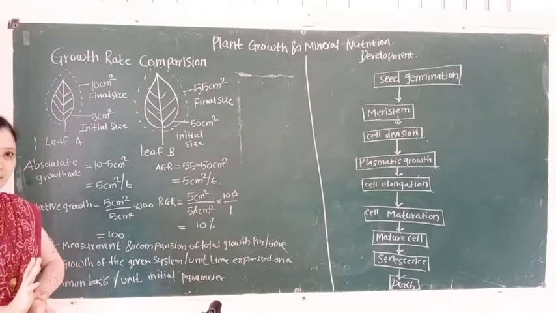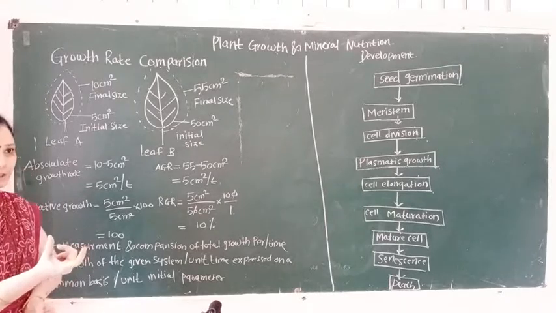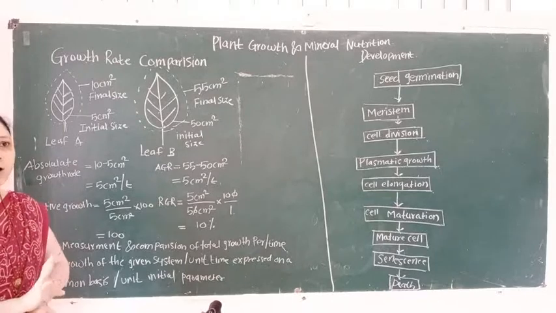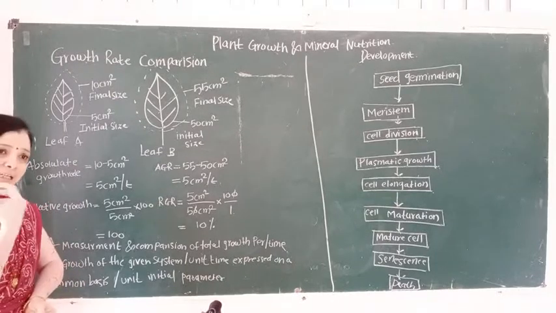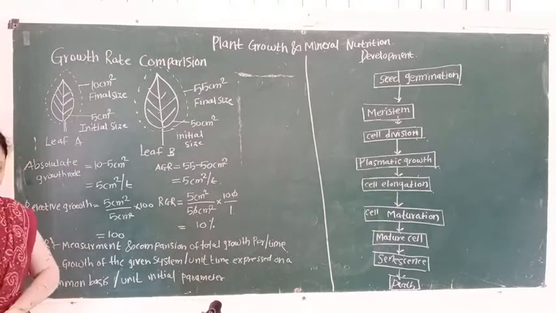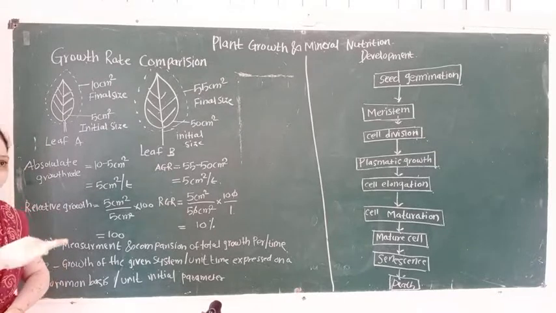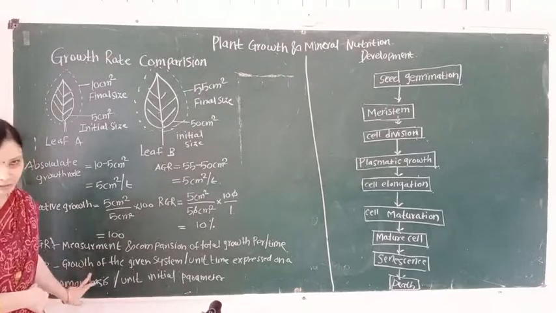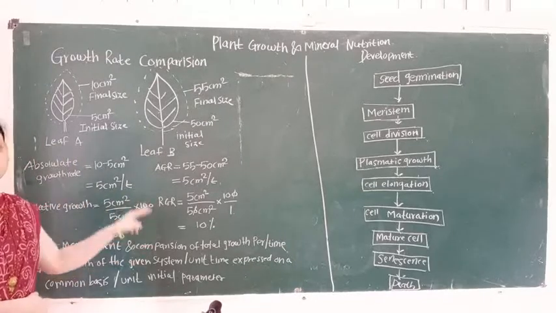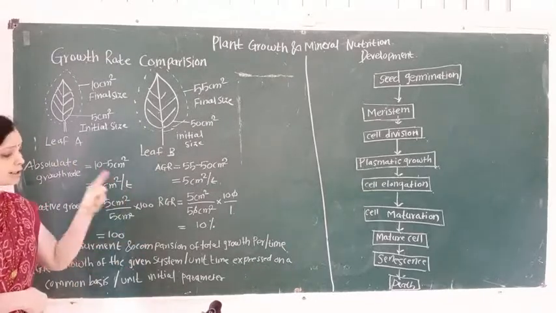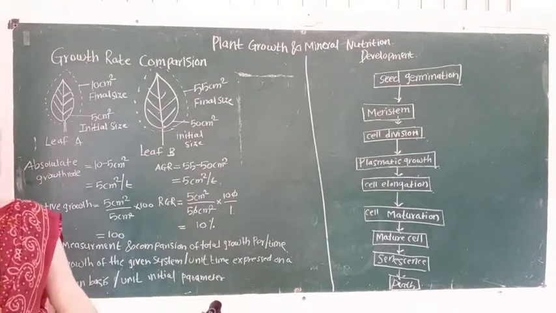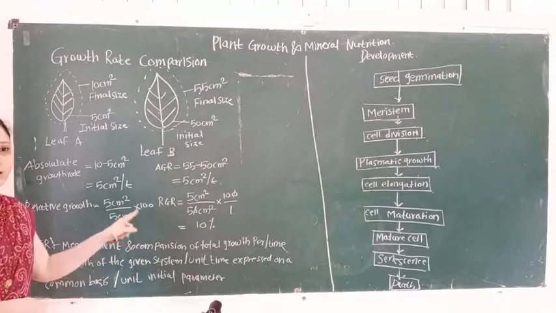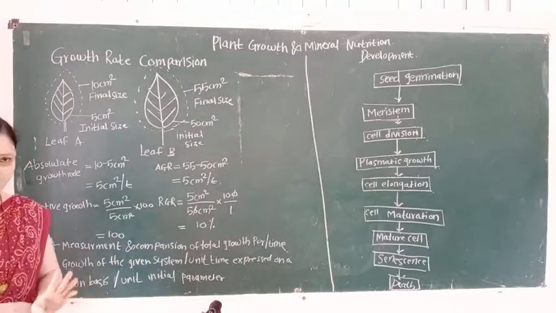Initial parameter, that is size of the leaf, volume of the leaf, or surface area of the leaf. So RGR is growth of a given system per unit time expressed on a common basis per unit initial parameter.